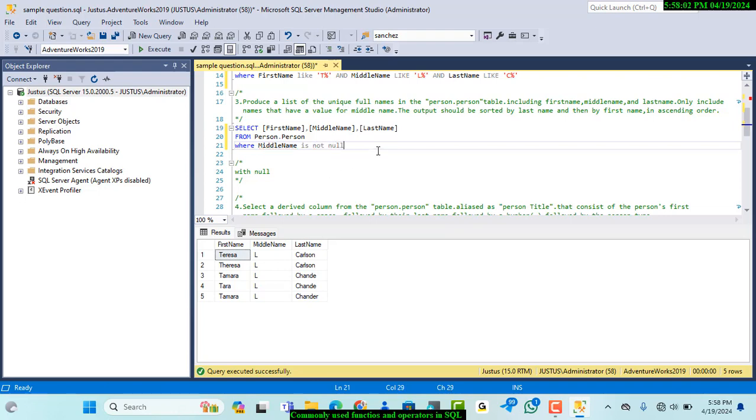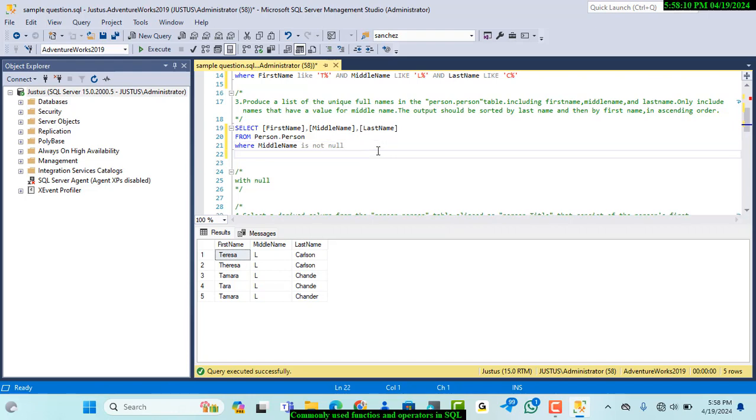In other words, the middle name must not be null. There must be something, the name in between the initials.